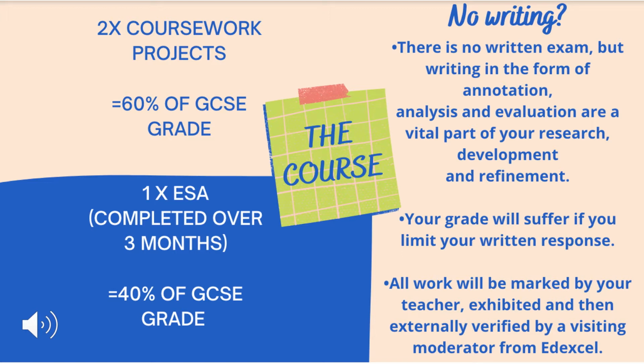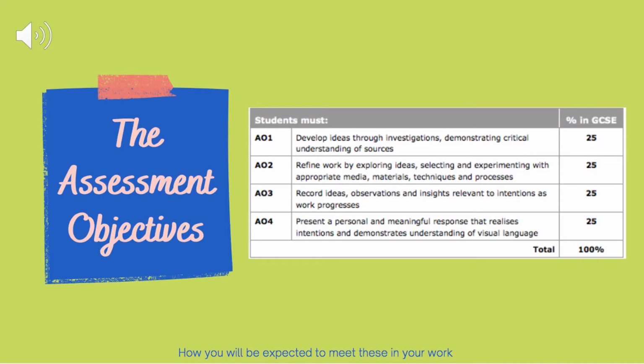All of your work will be marked by your teacher. It will then be exhibited, which means put up in place, and then externally verified by a visiting moderator from Edexcel. So how and what you will be assessed on is made up of 4 assessment objectives. Okay, this is AO1, AO2, AO3 and AO4.